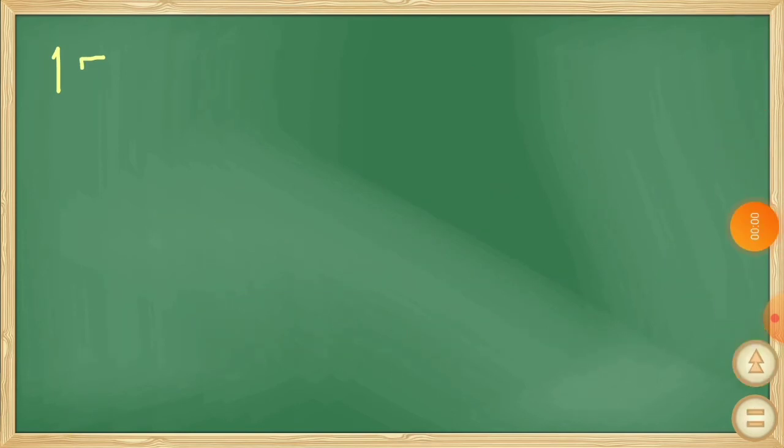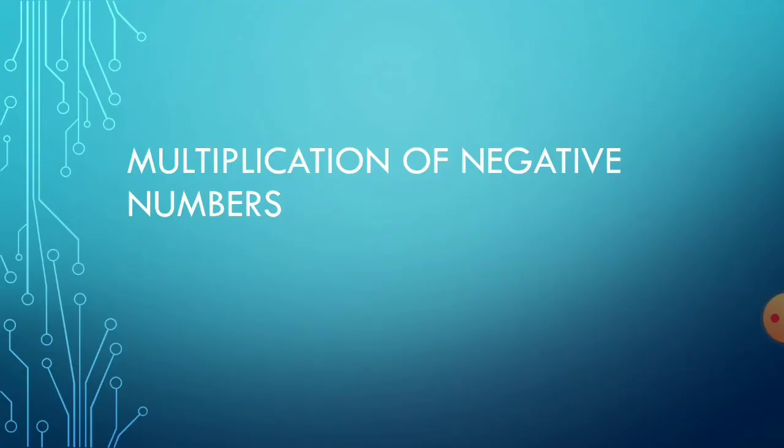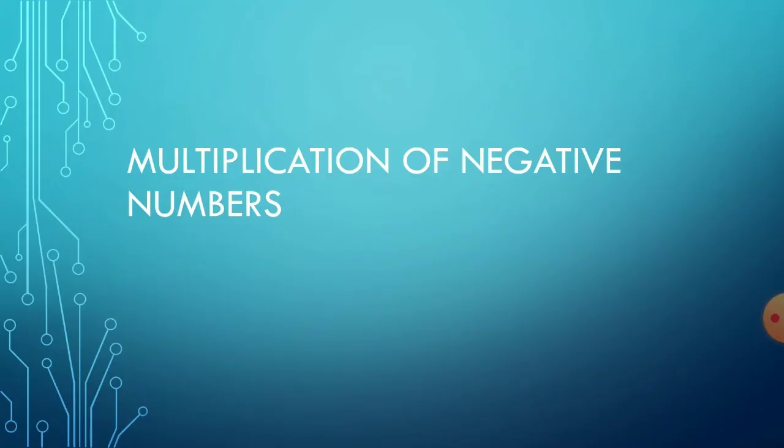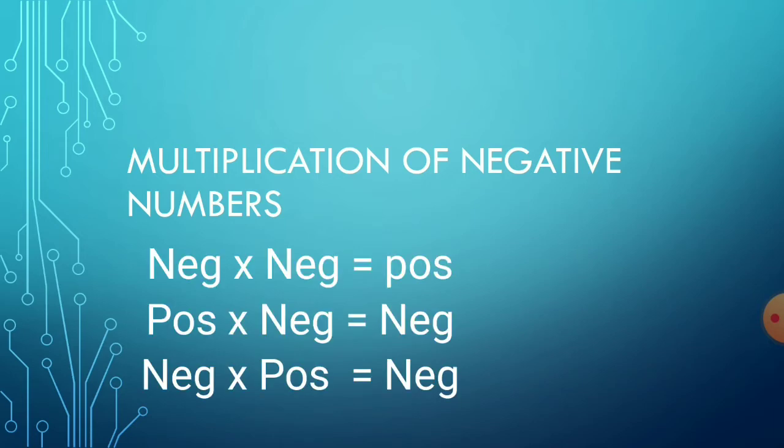Moving on, multiplication of negative numbers. So first, what would happen if we multiply negative numbers? You should remember three simple rules: negative into negative is always positive, negative into positive is always negative, and positive into negative is always negative.